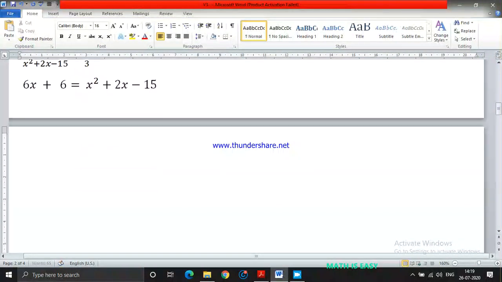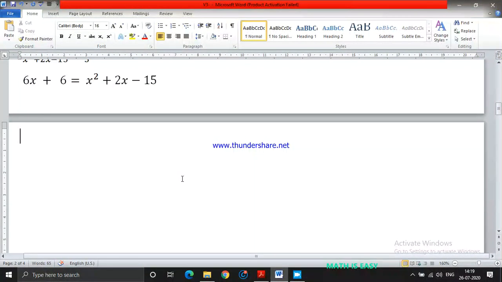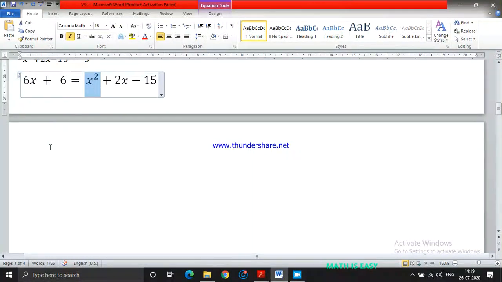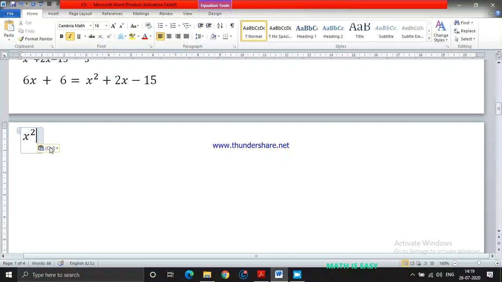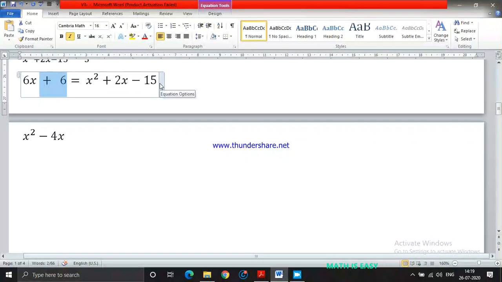Now if I simplify further, you will get this x square will remain as it is. Then if I bring 6x to this side, it will become minus 6x. So 2x minus 6x is minus 4x. And if plus 6 comes to the right-hand side, it will become minus 6. So minus 15 minus 6 is minus 20.